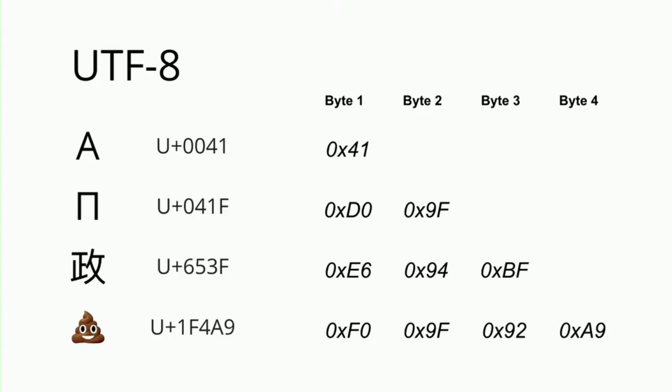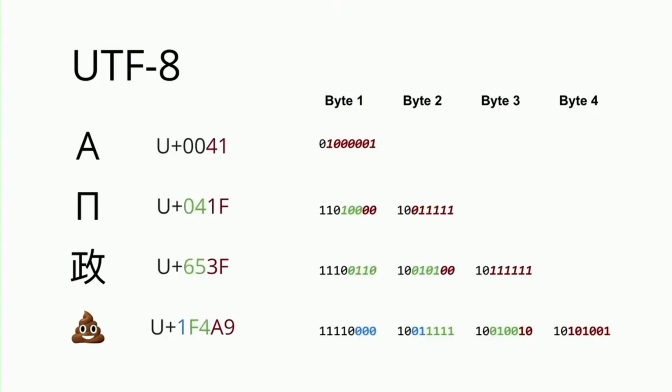You'll see here that even though this Russian character is 041F, its representation is D09F. And the reason for that is the way it's encoded in the binary. It doesn't necessarily make sense on a byte by byte level, but if you look at the binary itself, it does. So UTF-8 is byte bounded with 6 bits per byte outside the first 128 characters.